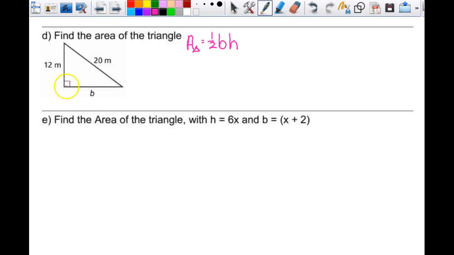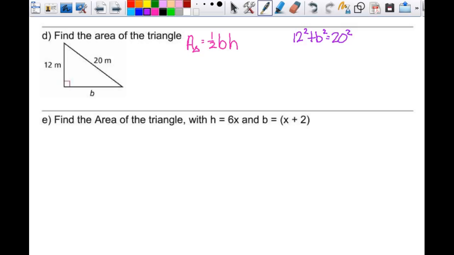If I did, then I wouldn't want to make it harder. But can I find B? Yes, with the Pythagorean theorem. So it's going to give me 12 squared plus B squared equals 20 squared.